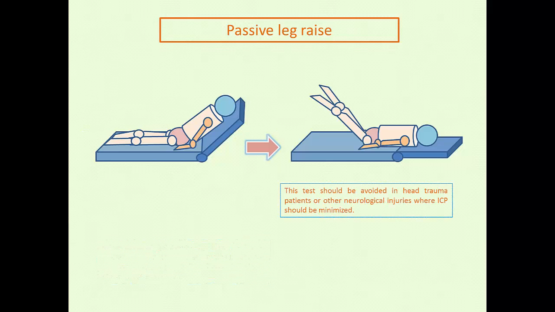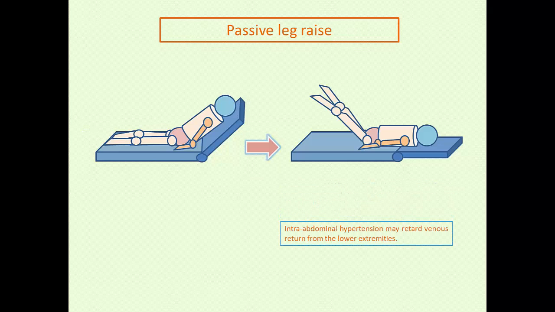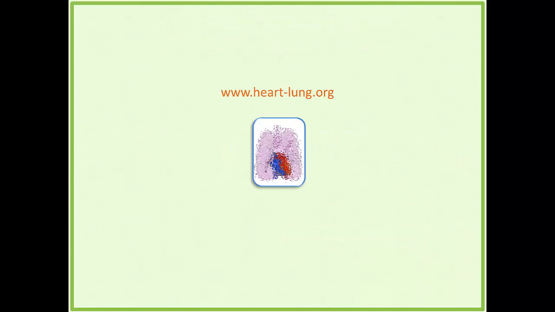Clearly, it should be avoided in situations where you want to minimize increases in ICP, and intra-abdominal hypertension may retard venous return from the lower extremities.